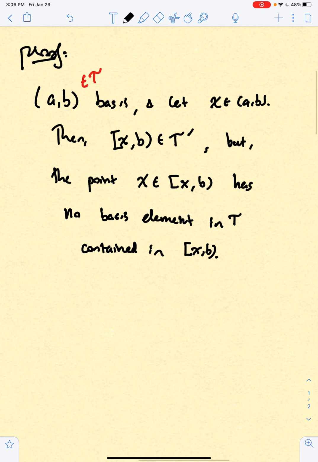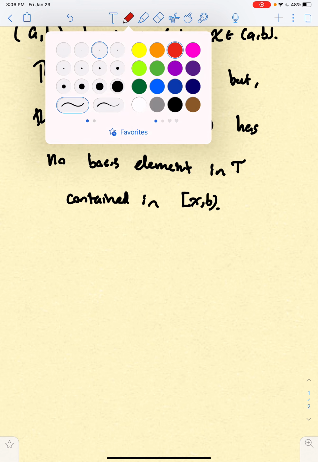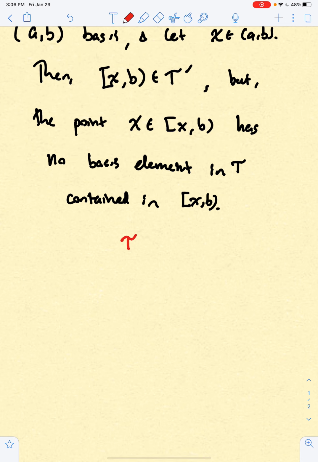So it's strictly finer than the standard topology. That means it's a subset, but not equal to.